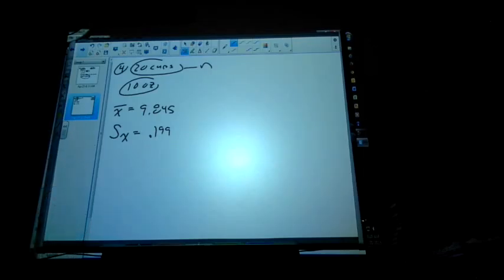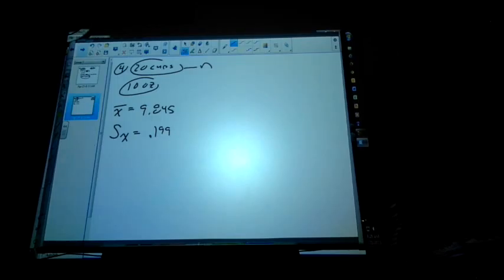So a few things that we have to look at here. Do the three assumptions apply? It says random, so that's got to be yes. Independent. What do you think? Yes or no? Is it independent? Sure. Why?